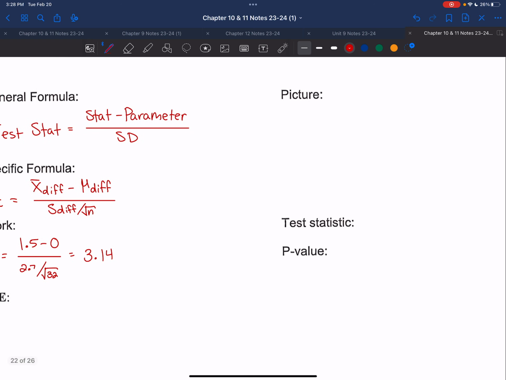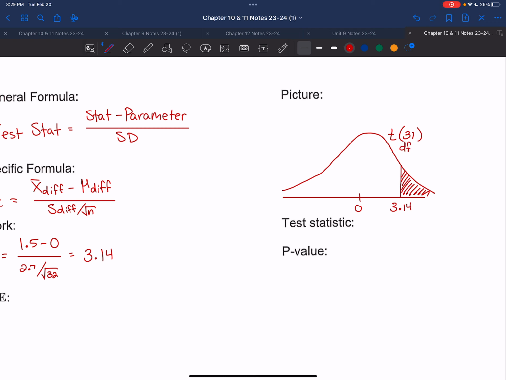So if I were to draw a picture of that, I'm going to get something like, here's 0, here's 3.14. So I'm counting everything at and above that. Also, don't forget to name the graph t and then my degrees of freedom. Well, I had 32 in the sample, so my degrees of freedom is 31.